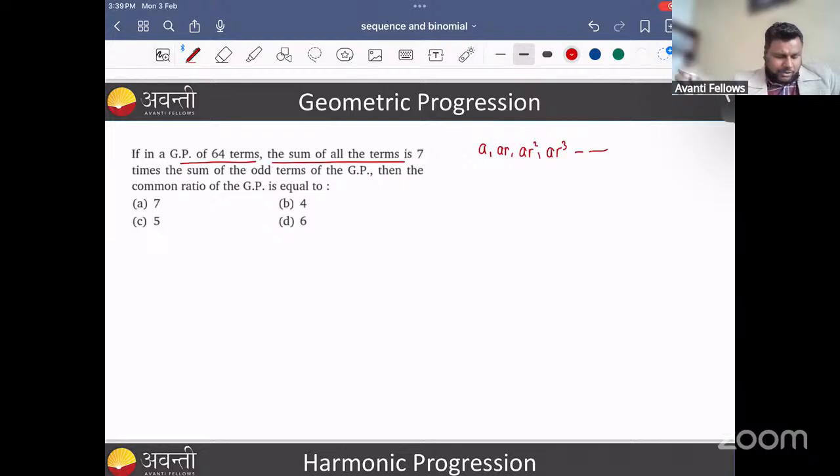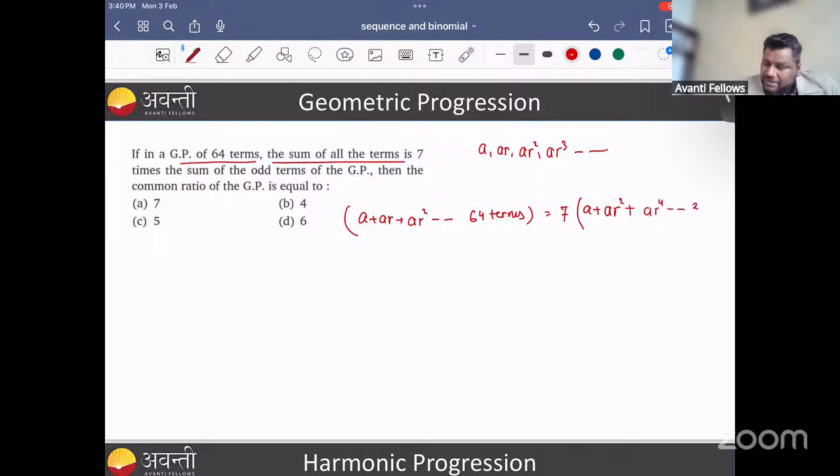So sum of all the terms, that means A plus AR plus AR square up to total 64 terms is 7 times the sum of odd terms of the GP. Odd terms, like they want to say terms at the odd places. That means A plus AR square plus AR to the power 4. Now it will be having 32 terms.